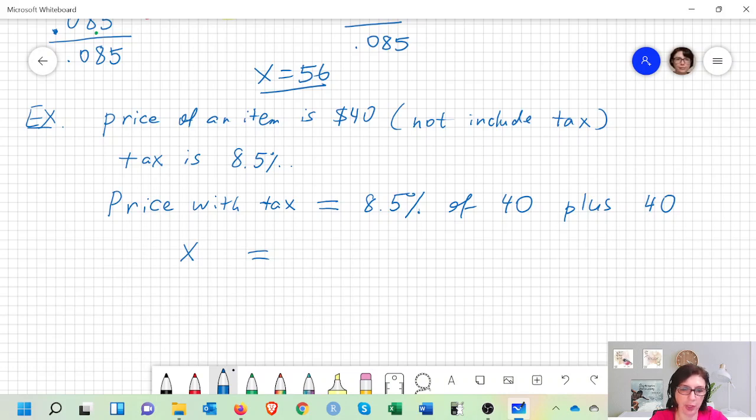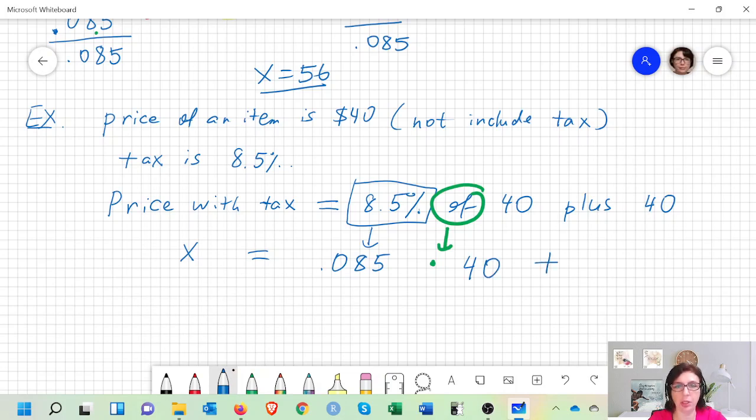Well, first of all, let's transform 8.5% to a decimal. We already know what that is: 0.085. Now the of is transformed to a times. And obviously 40 is 40, plus the original price, which is $40. So this is going to be an equation that I'll have to solve.